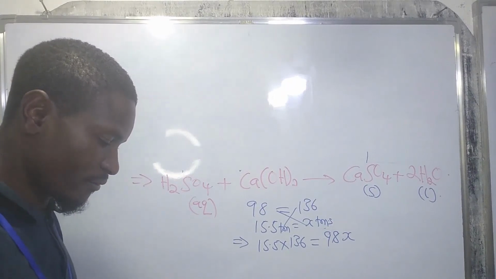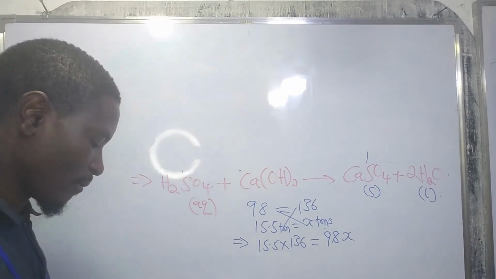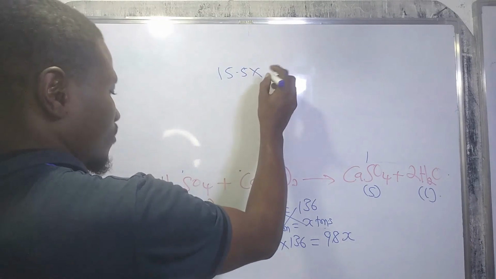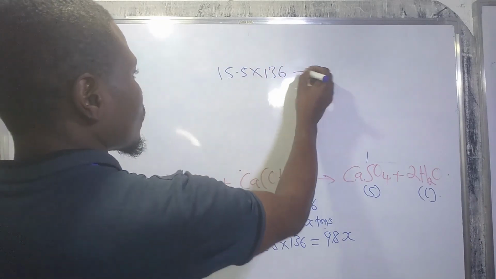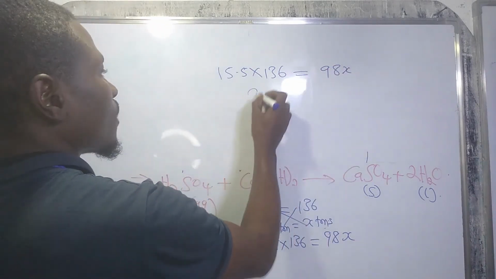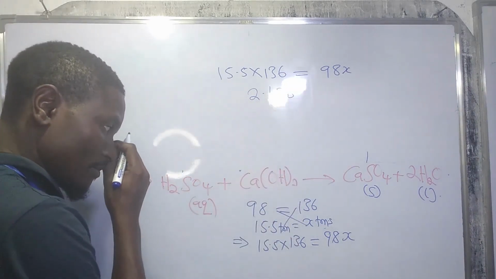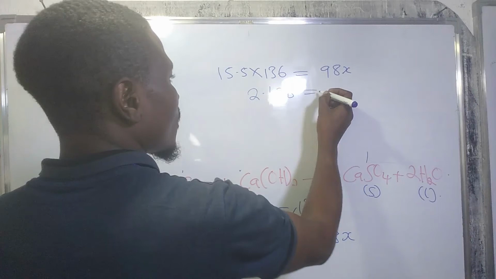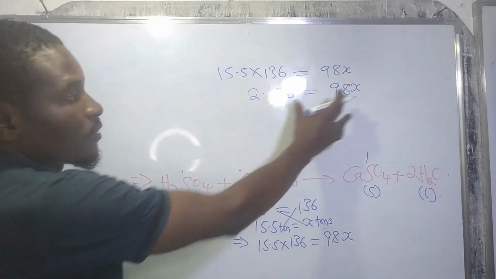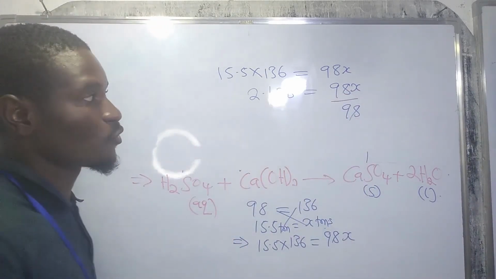So 15.5 multiplied by 136 gives you 2108, which equals 98x. So what you do is you divide both sides by 98 to remain with x.